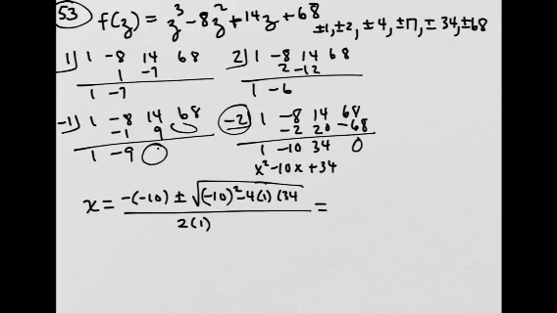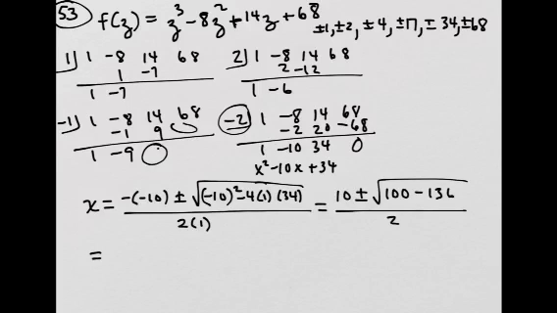So that gives you 10 plus or minus the square root of 100 minus, what is it, 68, 136, all over 2. So that's going to give you 10 plus or minus the square root of negative 36 all over 2. That's going to give you 10 plus or minus 6i all over 2.